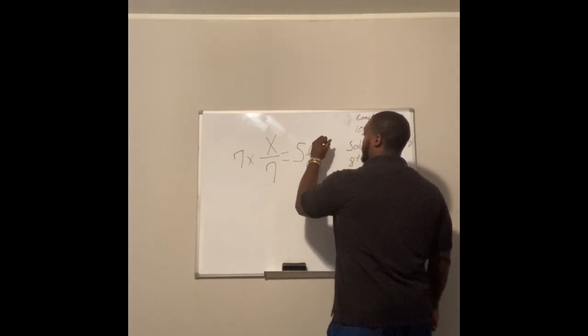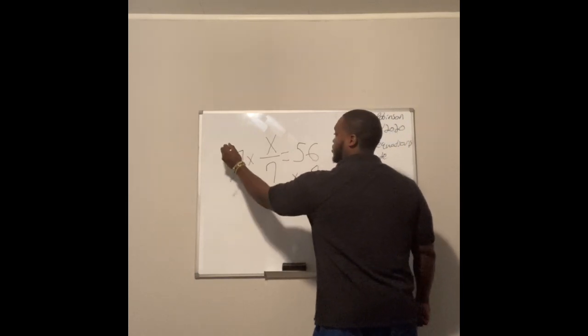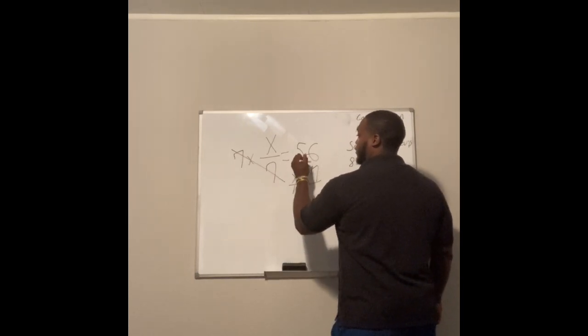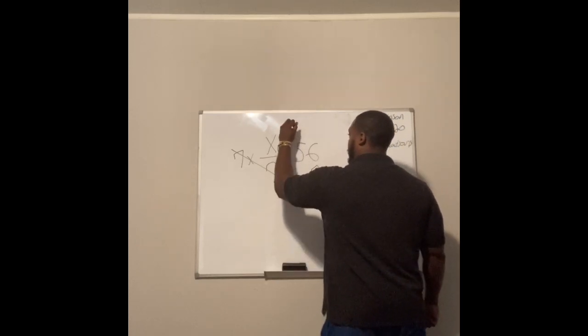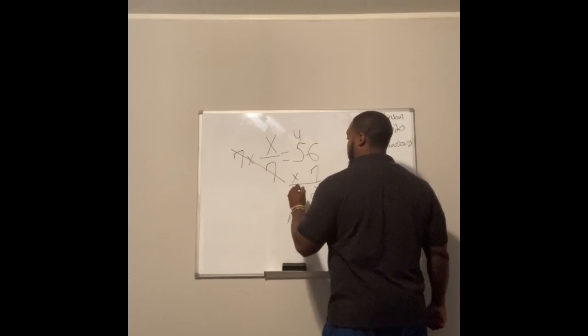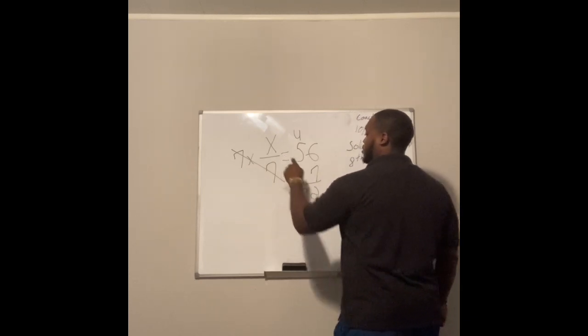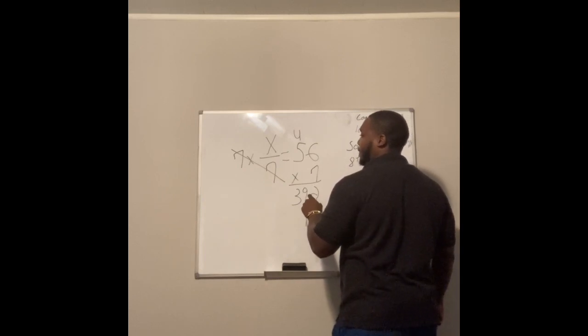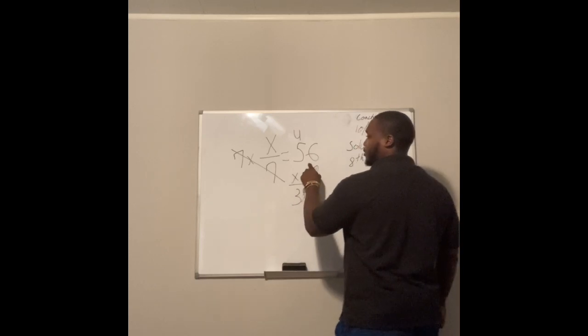So we have to times 56 by 7. These two 7's will cancel out, and for 56 times 7, 6 times 7 is 42, carry the 4. 5 times 7 is 35, plus 4 is 39. So x equals 392, and I should be able to divide 392 by 7 and get 56.